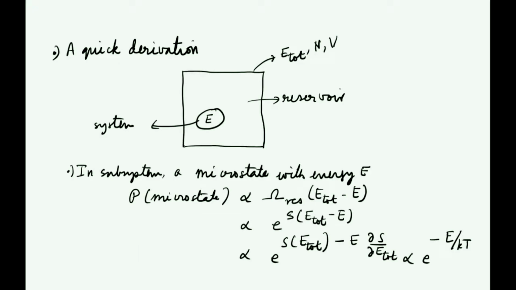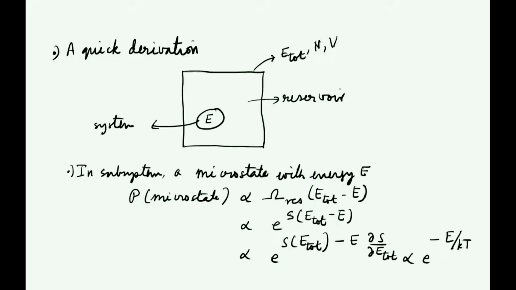The derivation comes from rule number 1. So you take a large system which is microcanonical, which is isolated. So it has a total energy E total, N is fixed, V is fixed.